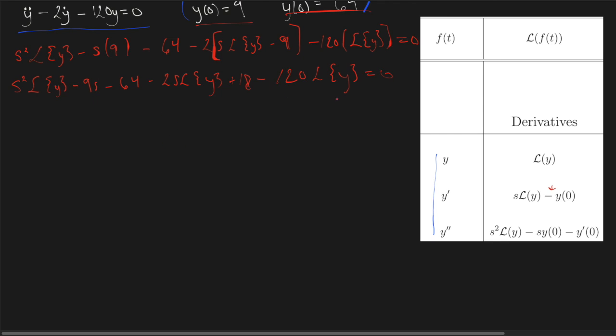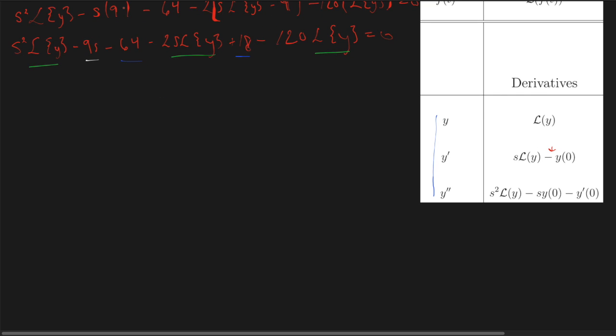So let us move all our Laplace y terms. So we have one here, one here, one here to the left side, and all our other terms. So we're going to move these together, and we'll move this one together. And we're going to do that so we can factor out Laplace of y, because we want to solve for it. And you'll see why we want to solve for it in a minute.